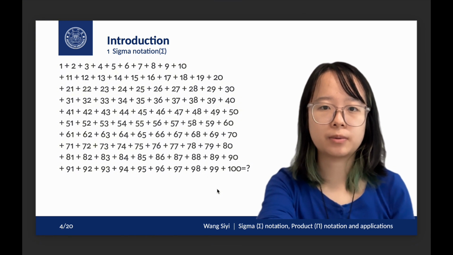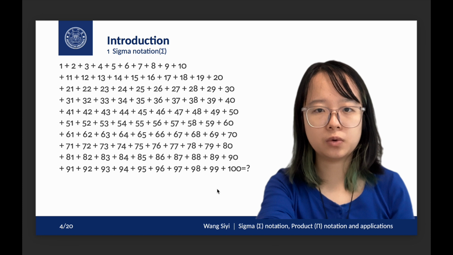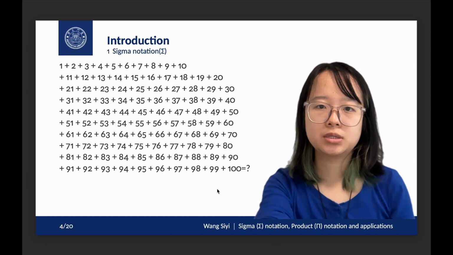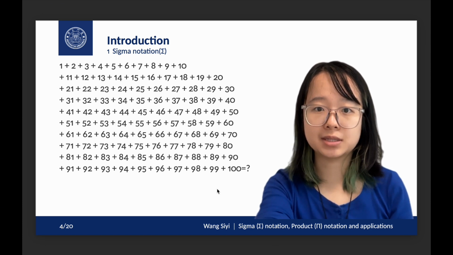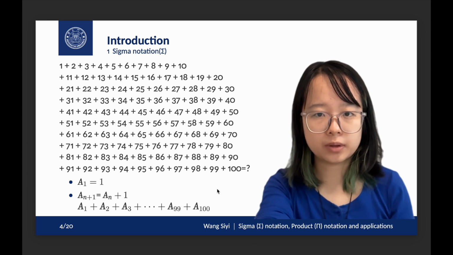Let's go back to our previous question. We can definitely see that there is some connection between all of these numbers. So why don't we think of all these numbers as a set from A1 to A100?